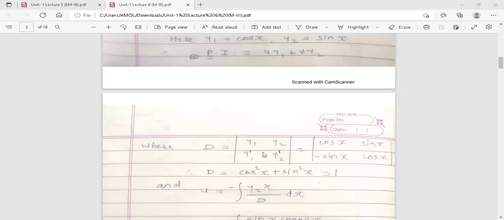Y1 dash is the derivative of y1 and y2 dash is the derivative of y2. The second row consists of the derivative terms of y1, y2.